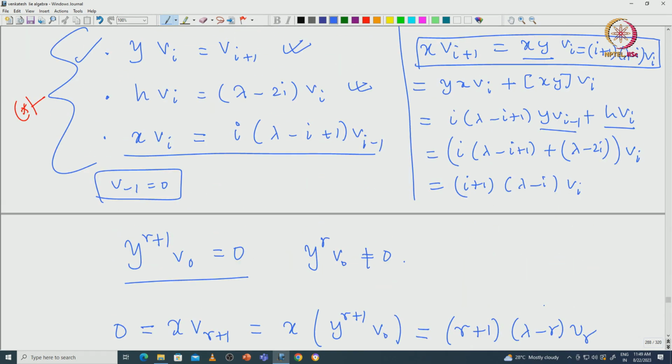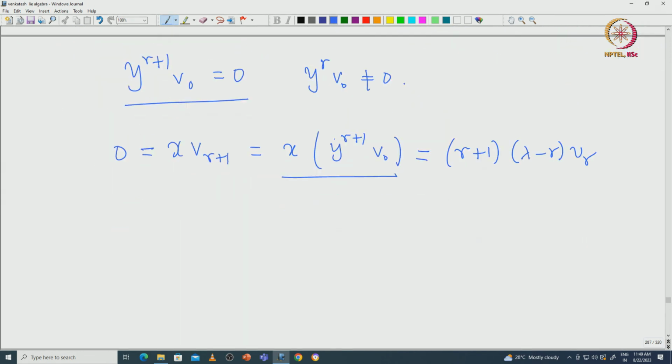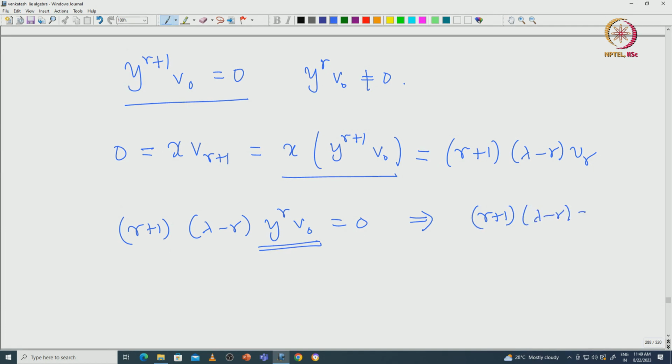So, look at this formula. That means r plus 1 times lambda minus r y r power v naught must be 0. But since this vector is non-zero, that forces r plus 1 times lambda minus r is 0, and that forces lambda must be r.